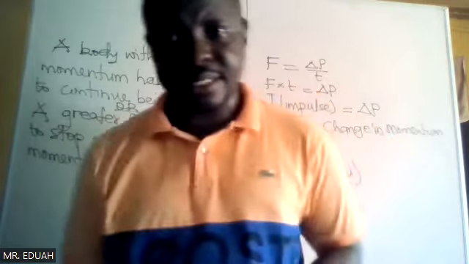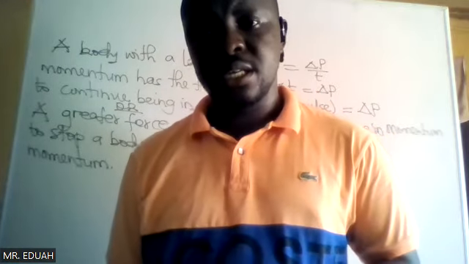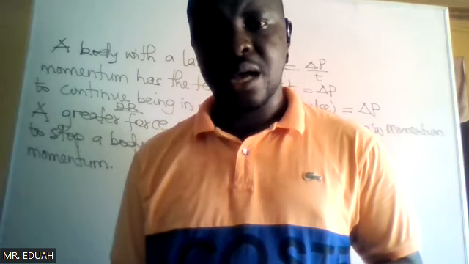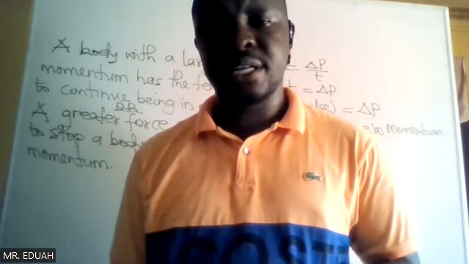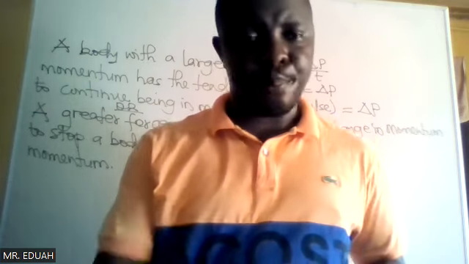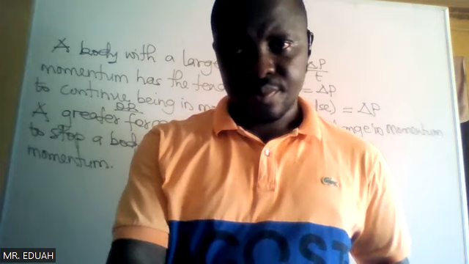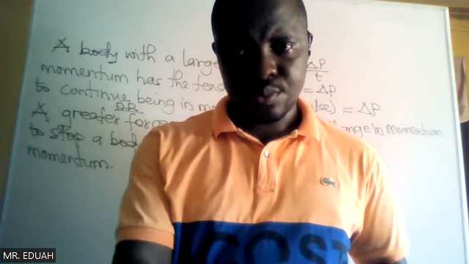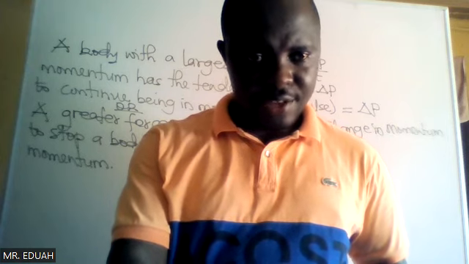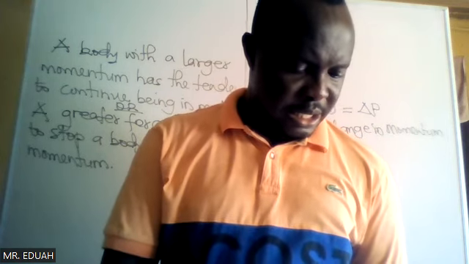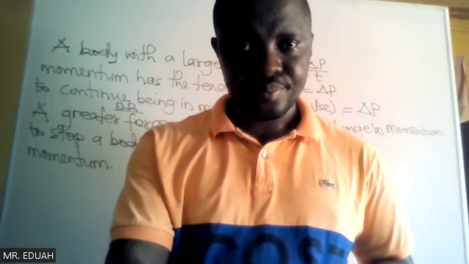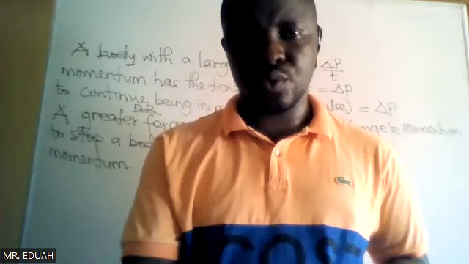An 80 gram mass, a velocity 6 meter per second. A 100 kilogram mass with a velocity of 30 kilometer per hour. Find the momentum in each case. 5 minutes. So your time is 1:27.